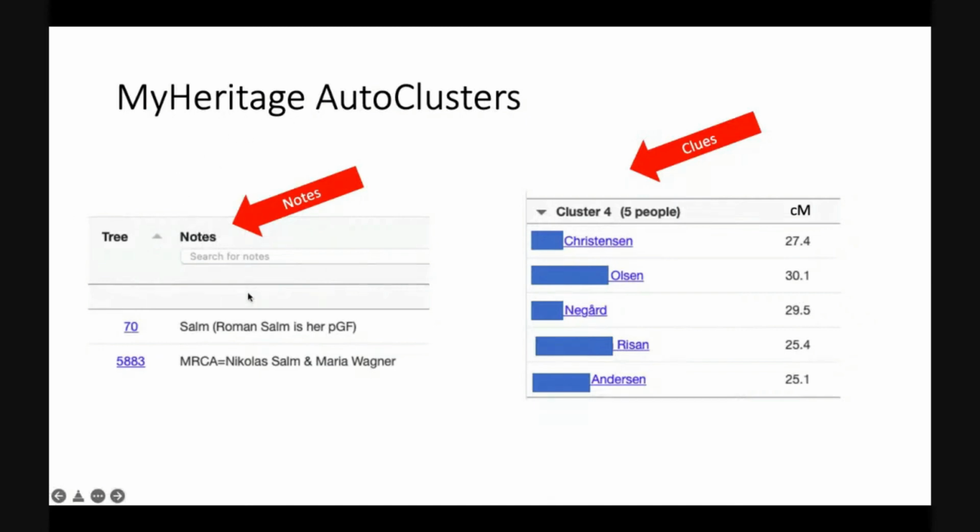Under my notes, I put down for this one person whose tree is 70 people. I said this is a Psalm, and that his father, or his paternal grandfather, is Roman Psalm. And then for this next person, I said the most recent common ancestor is Nicholas Psalm and Maria Wagner.